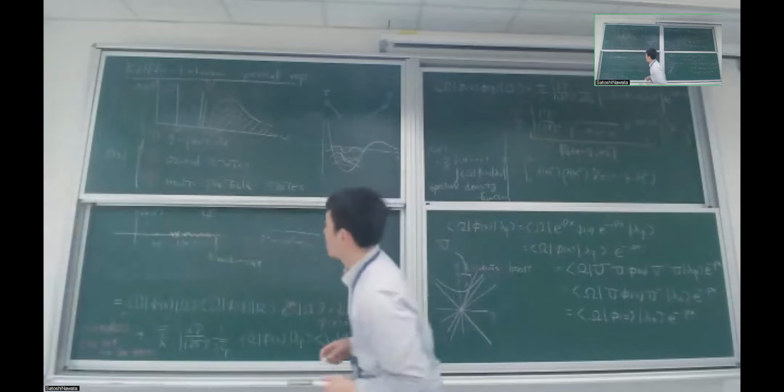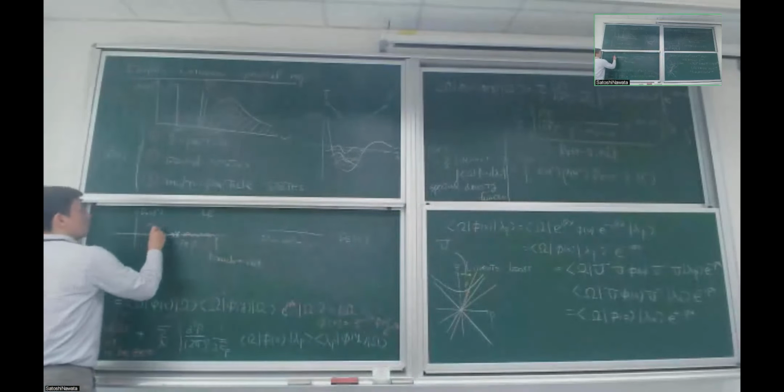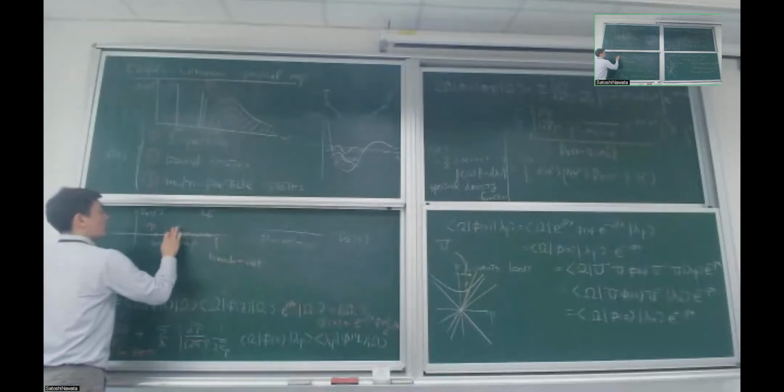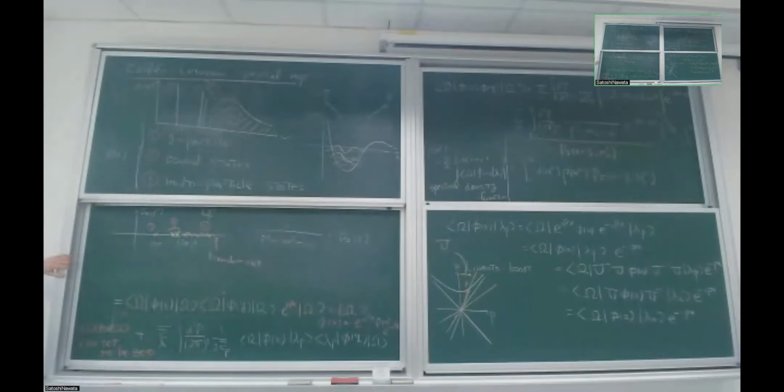Maybe I should write that this is number 1, and these are number 2 and number 3 coming from bound states. So that's a typical two-point correlation function in momentum space in an interaction theory.